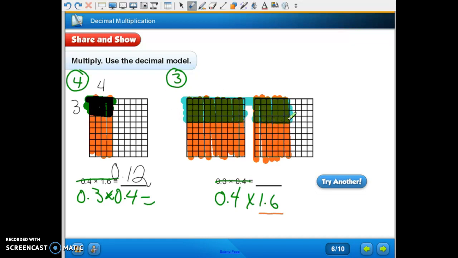So in this box that we shaded everything, we have a 10 by 4 array, which is 40. Let's put that over here. And in this one, we shaded 4 by what? 6.